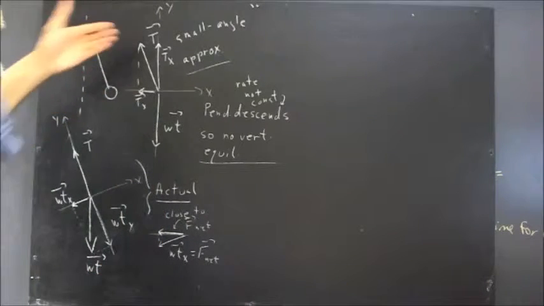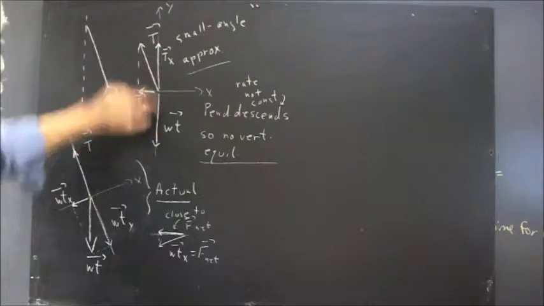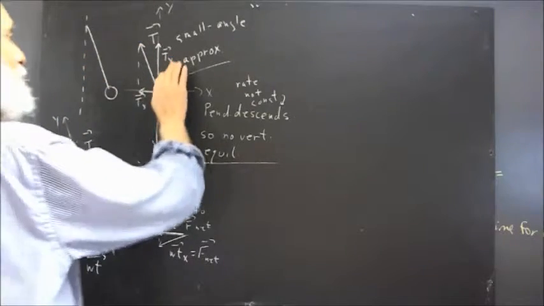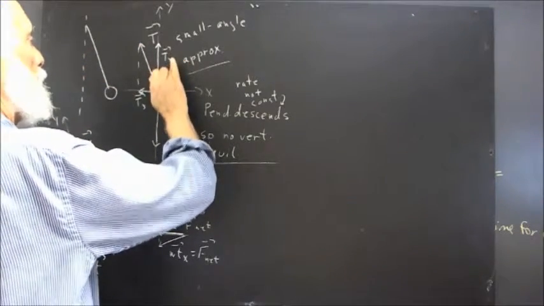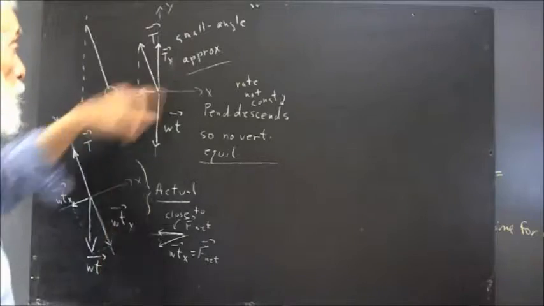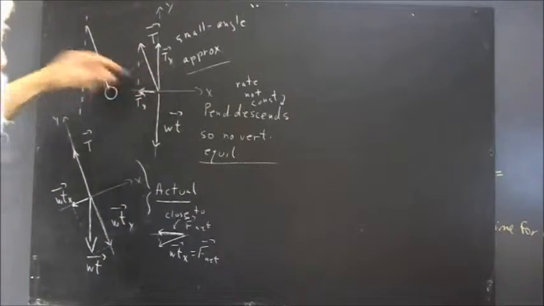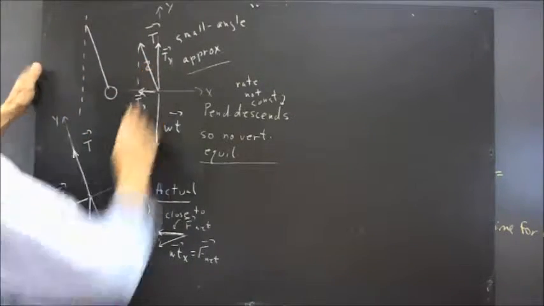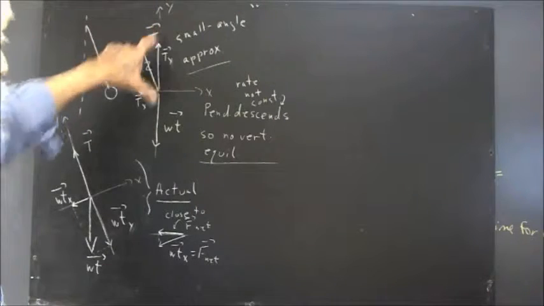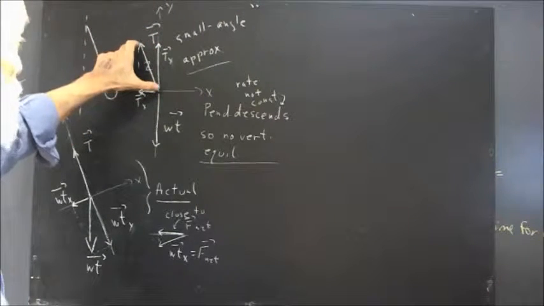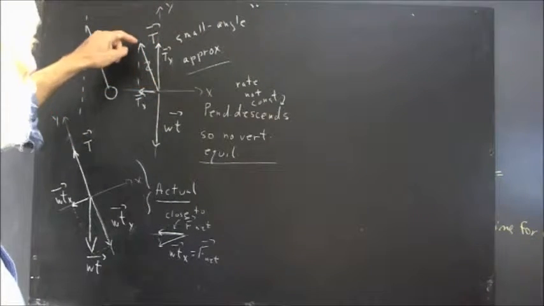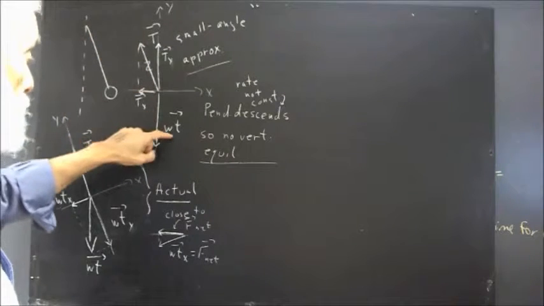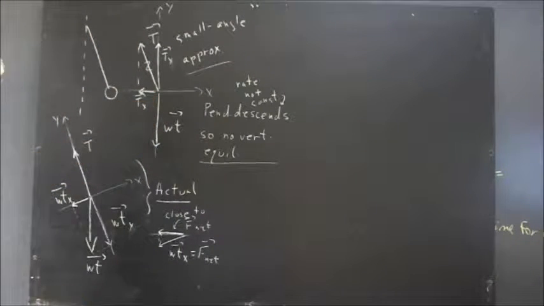So the tension is equal and opposite to the weight, because if the pendulum moves only in this direction, we have vertical equilibrium, so that the weight and the y component of the tension are going to be equal and opposite, and the tension vector is going to be so close to this that the tension is going to be equal to the weight in the approximation.